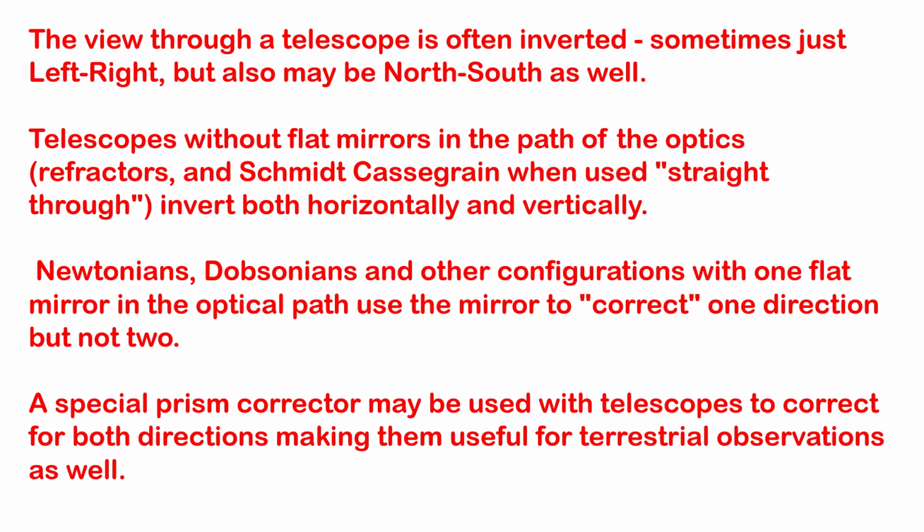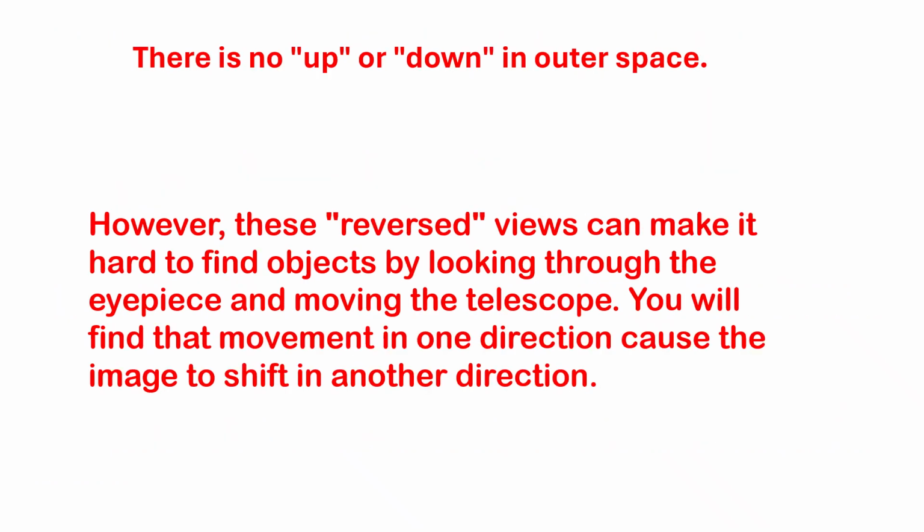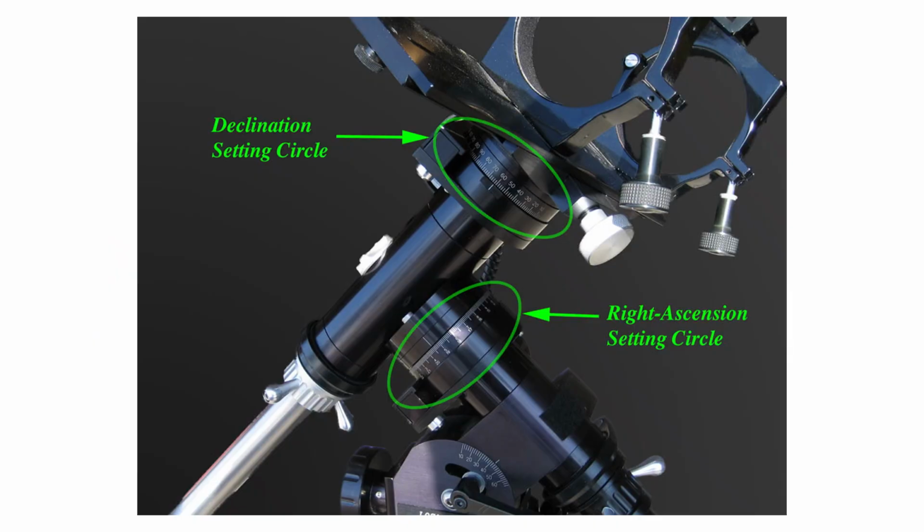A special prism corrector may be used with telescopes to correct for both directions, making them useful for terrestrial observations as well. There is no up or down in outer space. However, these reversed views can make it hard to find objects by looking through the eyepiece and moving the telescope. You will find that movement in one direction causes the image to shift in another direction.